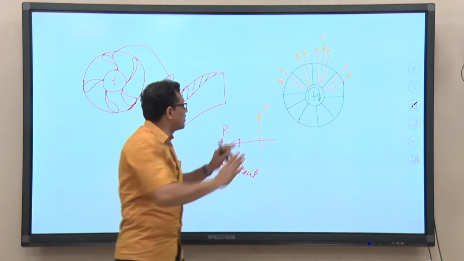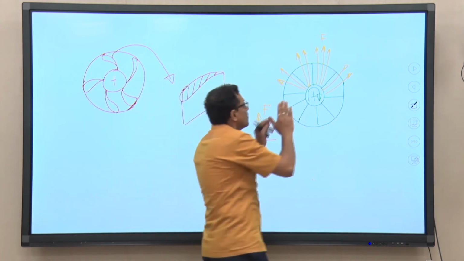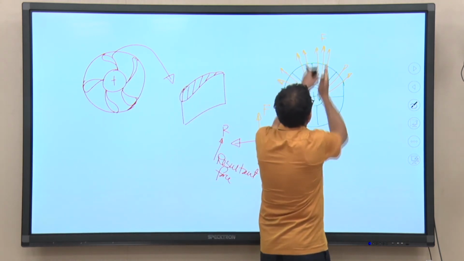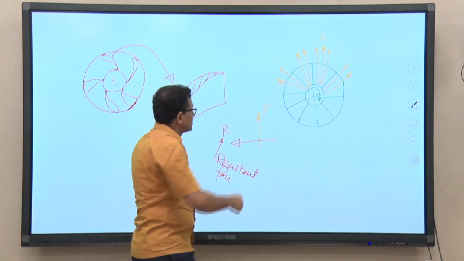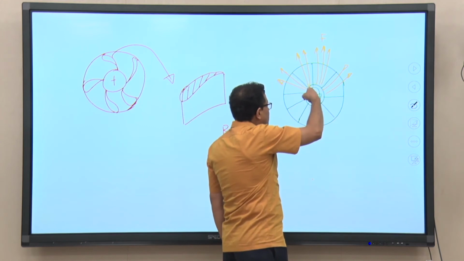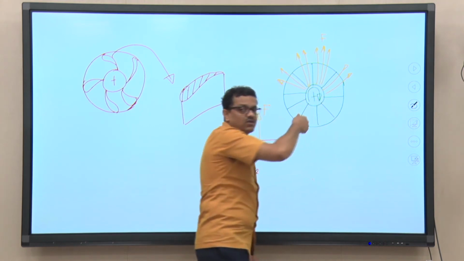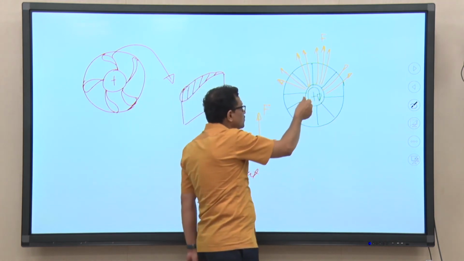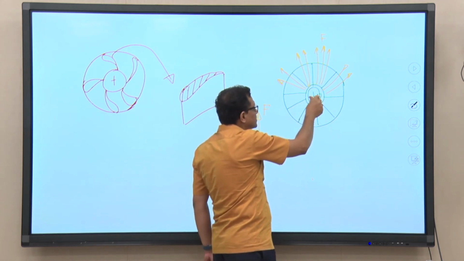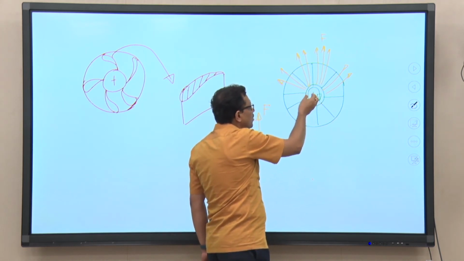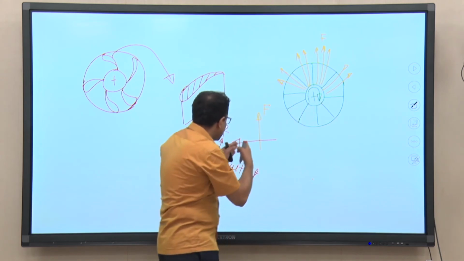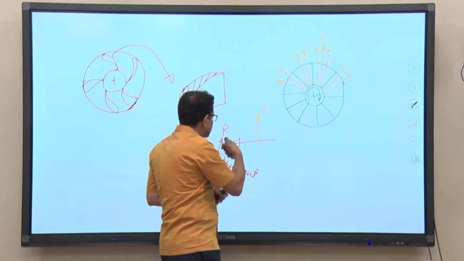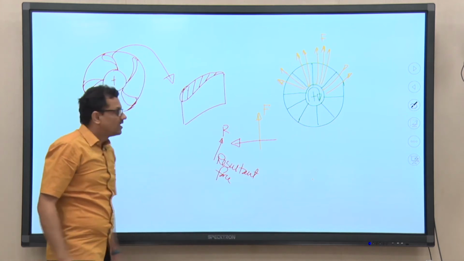One force is there when the liquid is moving in this direction. Now, since the impeller is rotating in this direction, because of this rotational effect one force will be acting perpendicular to the plane of this board, in this direction. Now, the resultant force will be acting in this direction, and that is shown by R.